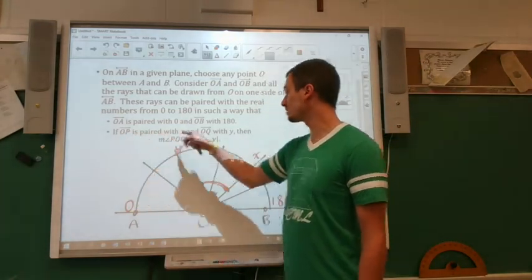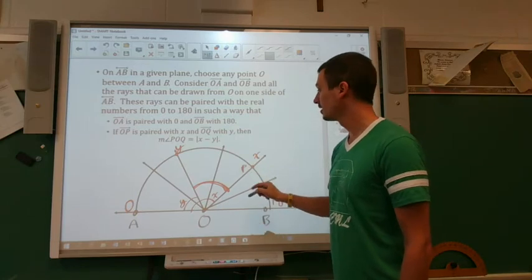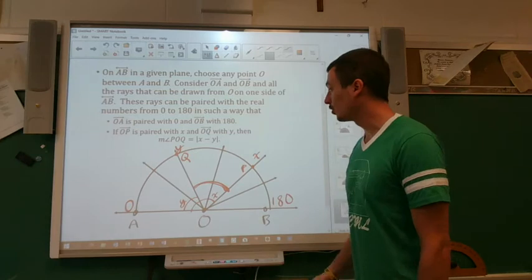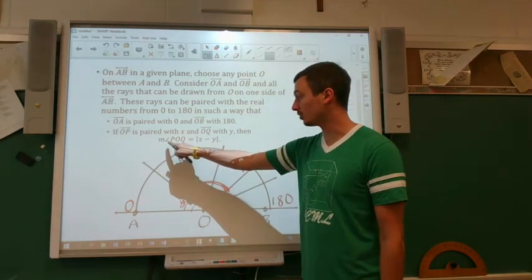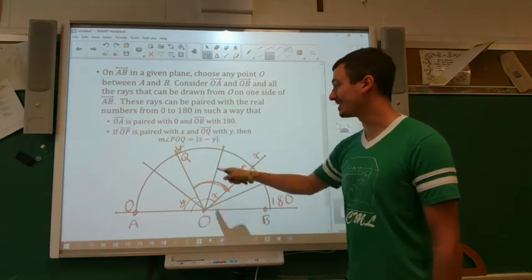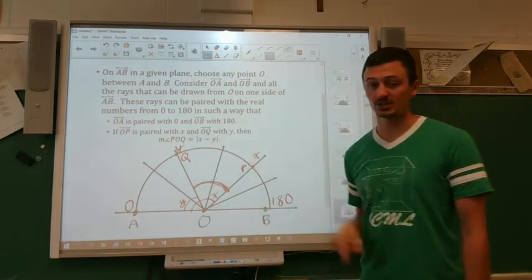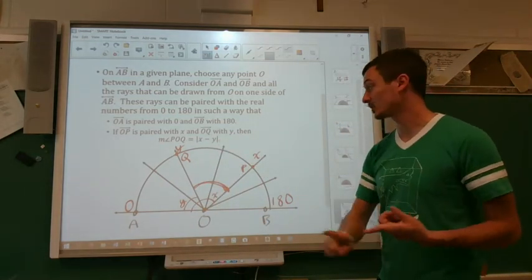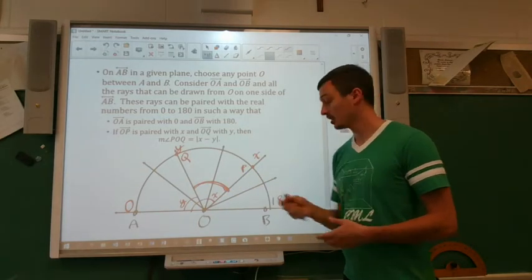Because OP is paired with X, and OQ is paired with Y, the measure of angle POQ is the absolute value of the difference of the angles. And all that's saying, first of all, an angle measure can't be negative, so that's why it has the absolute value.